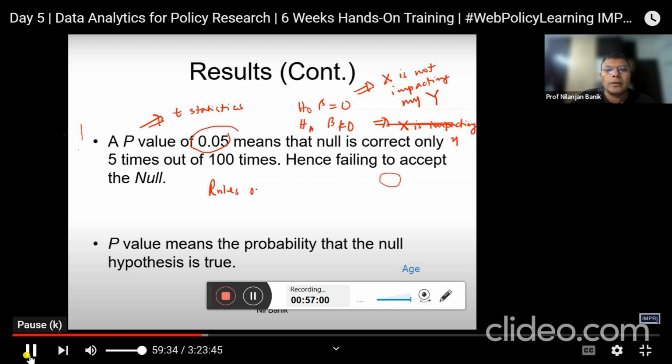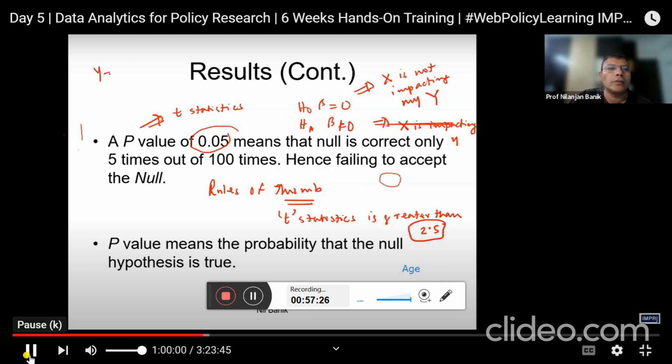Please note, and you can take this as a rule of thumb: if the value of the t statistic is greater than 2.5, with surety we can claim that this x is influencing y.